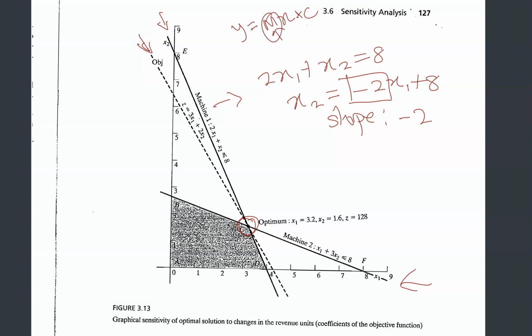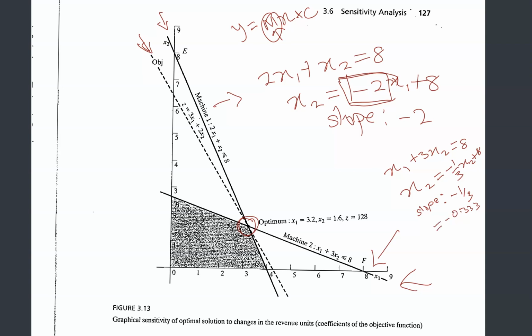So this is the slope, minus 2. And for this constraint, we have x1 plus 3x2 equals 8, and so the slope is minus 1 over 3, or you can write it as minus 0.333.